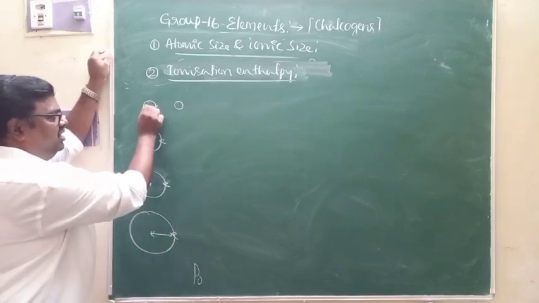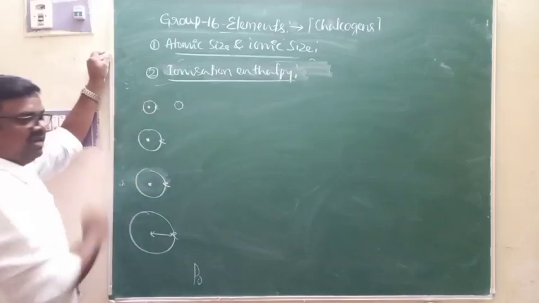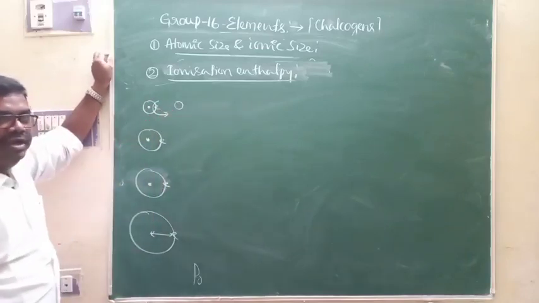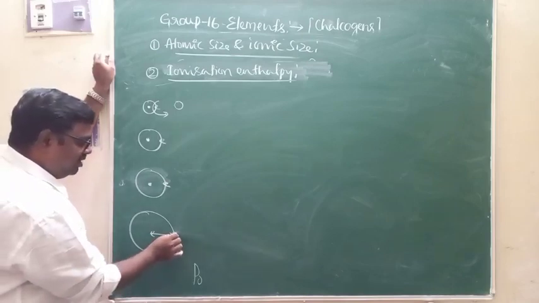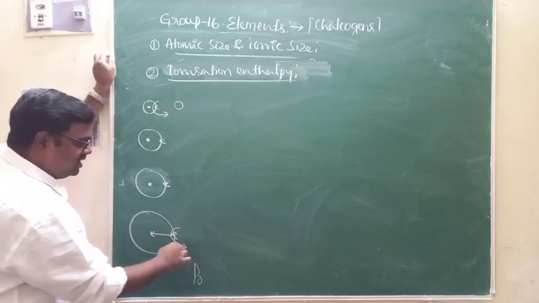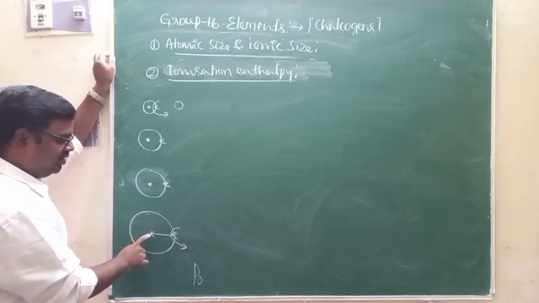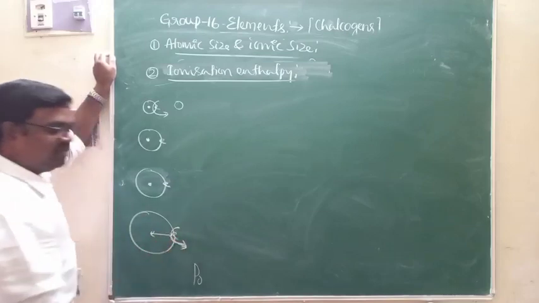Here the electron is very close to the nucleus, so the force of attraction is very strong. Therefore, to remove this electron you need more energy. But in the case of polonium, the electron is far away from the nucleus, and therefore it is easy for us to remove the electron from the outermost shell because the force of attraction between the nucleus and outermost electron is less. It requires less energy for removal of the electron.